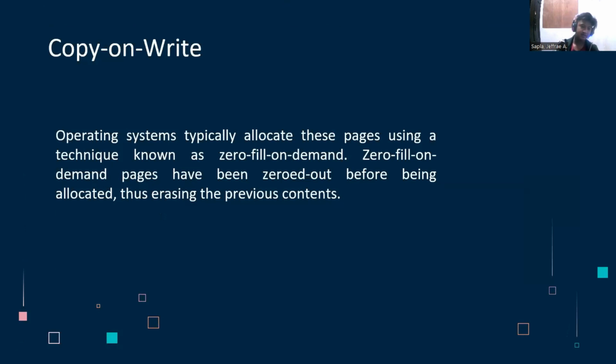Operating systems typically allocate these pages using a technique known as zero fill on demand. Zero fill on demand pages have been zeroed out before being allocated, thus erasing the previous contents.